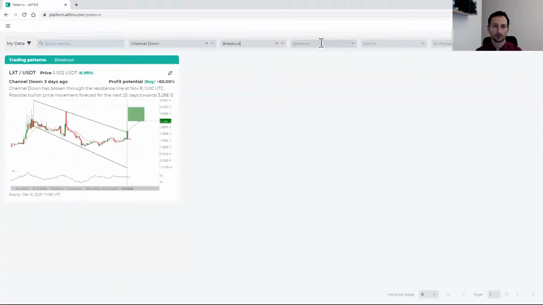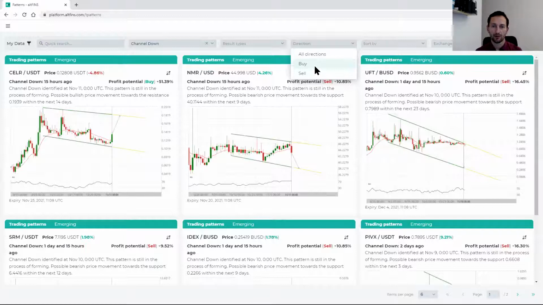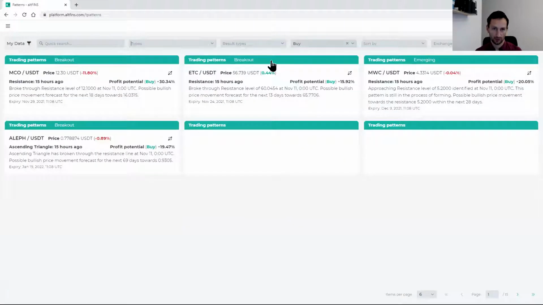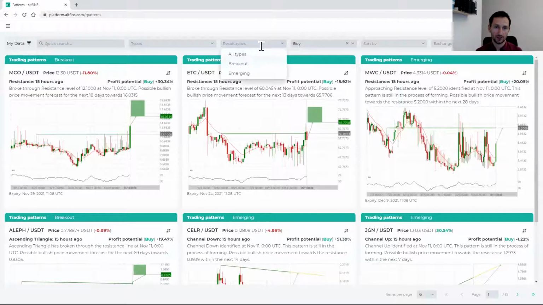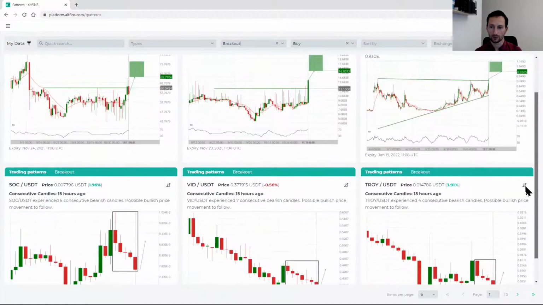Breakouts. You could say you just want those that give you buying opportunities, not selling opportunities, and just breakouts, right? You can combine the filters the way your preferences are.